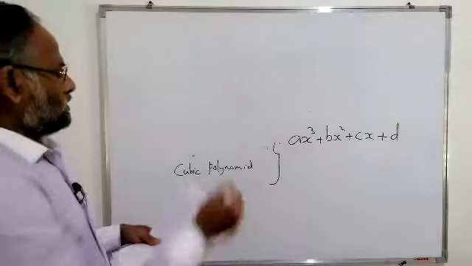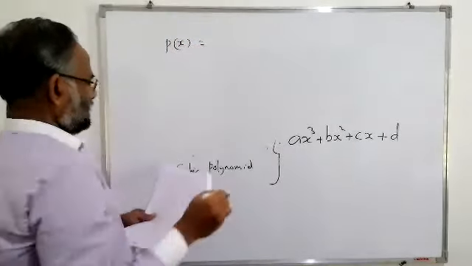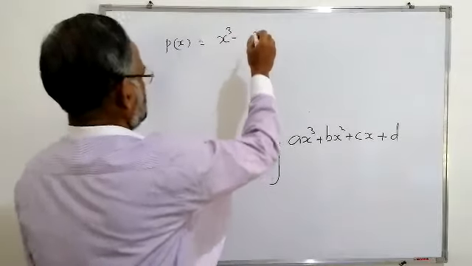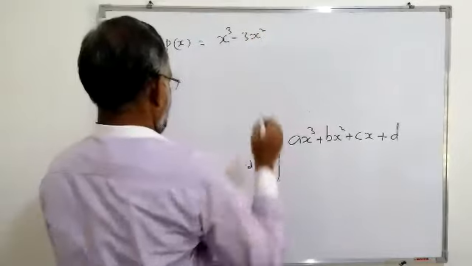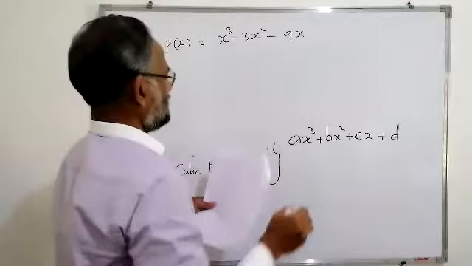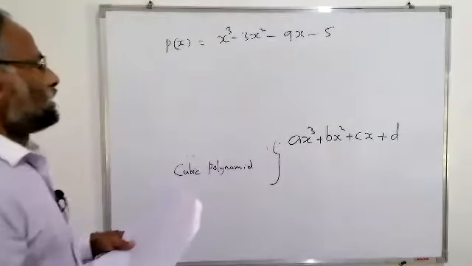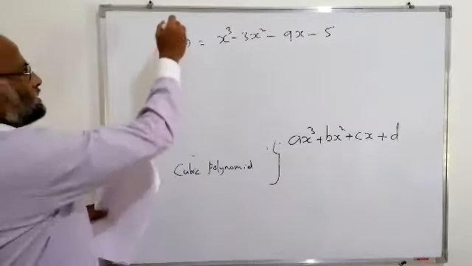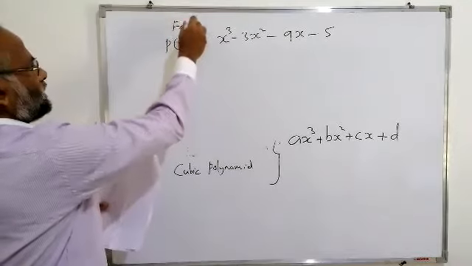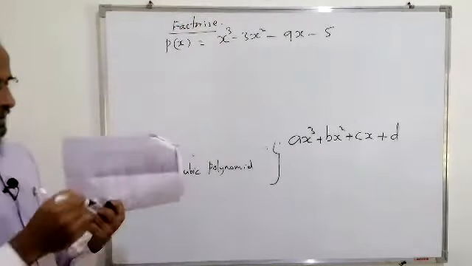Suppose p(x) is equal to x cube minus 3x square minus 9x minus 4. The question is: factorize.